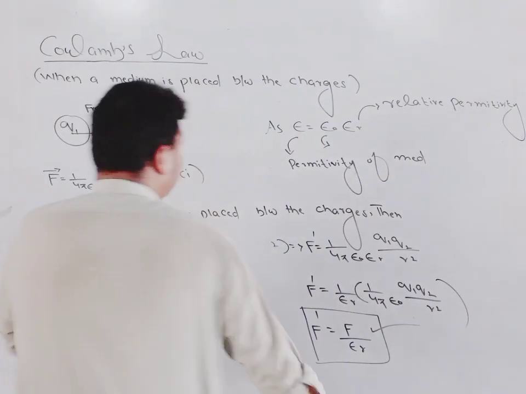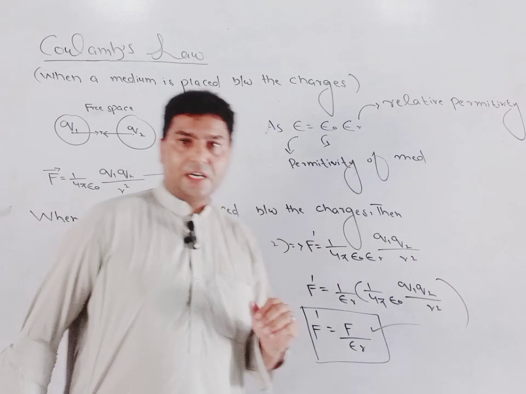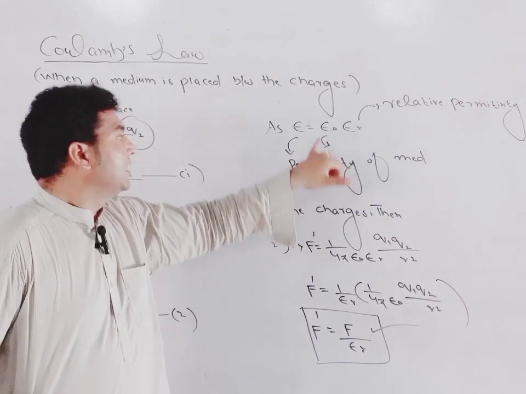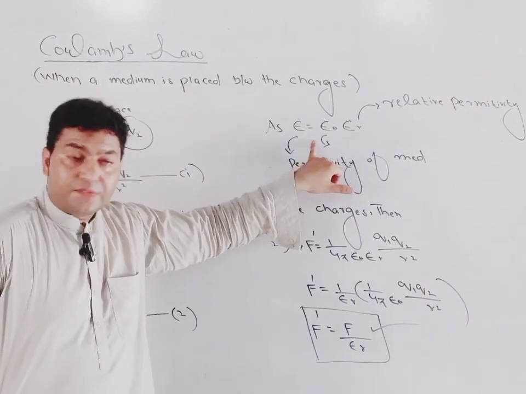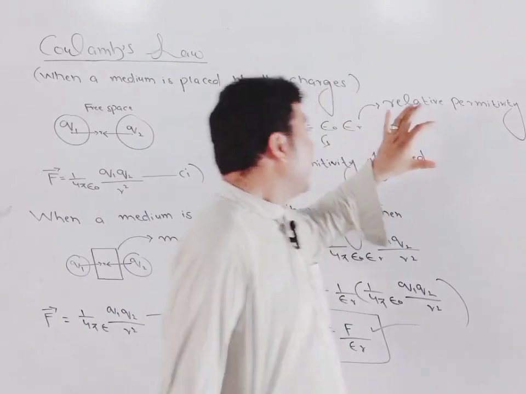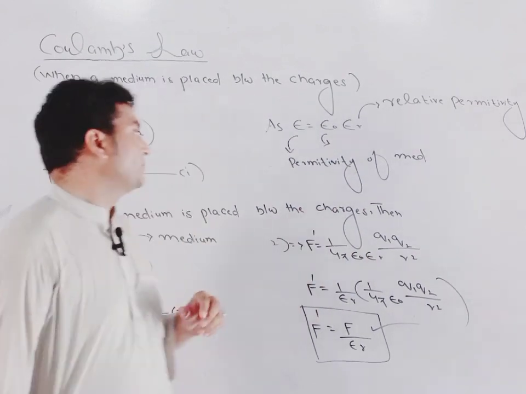Now, as you know, epsilon is equal to epsilon naught epsilon r, where epsilon is the permittivity of the medium, epsilon naught is the permittivity of free space, and epsilon r is the relative permittivity. All these terms are explained briefly in the previous lectures.